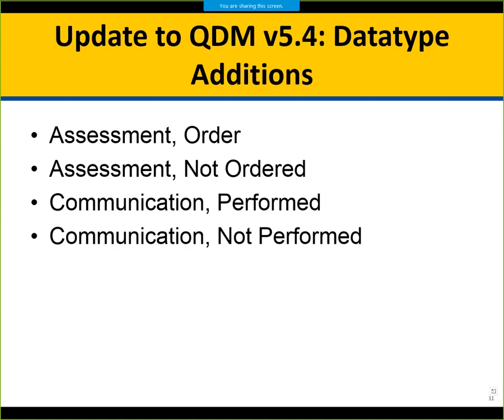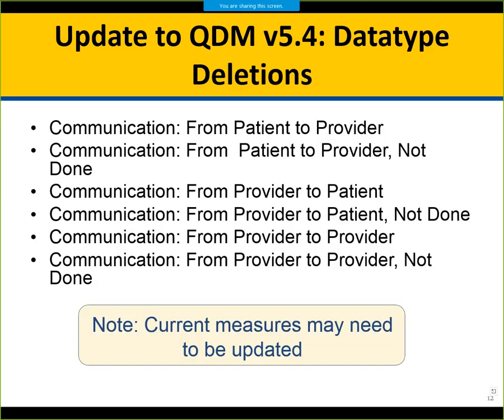The new data types are assessment order, assessment not ordered, communication performed, and communication not performed. All the communication data types previously available in QDM version 5.3 have been removed and replaced with the 2 new communication data types I mentioned on the previous slide.